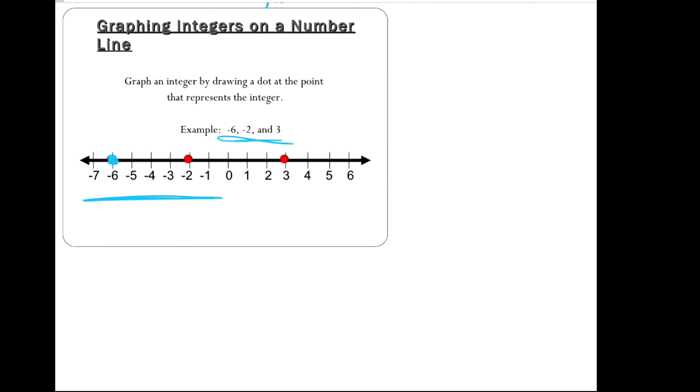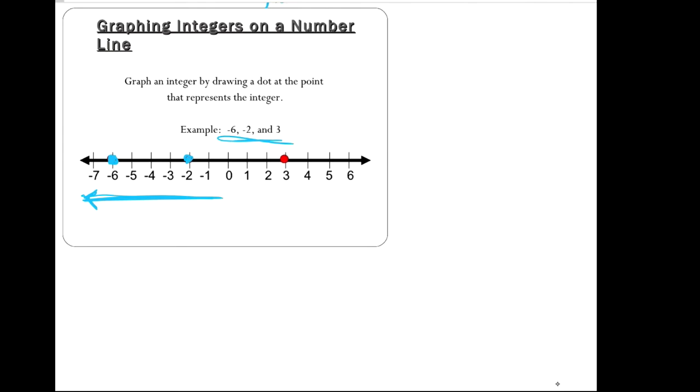Here is our -6. It's to the left of the 0. And notice that although the numbers themselves look like they're going in ascending order, the bigger they get negative, actually the smaller the number. And so then we have -2 here, closer to 0.